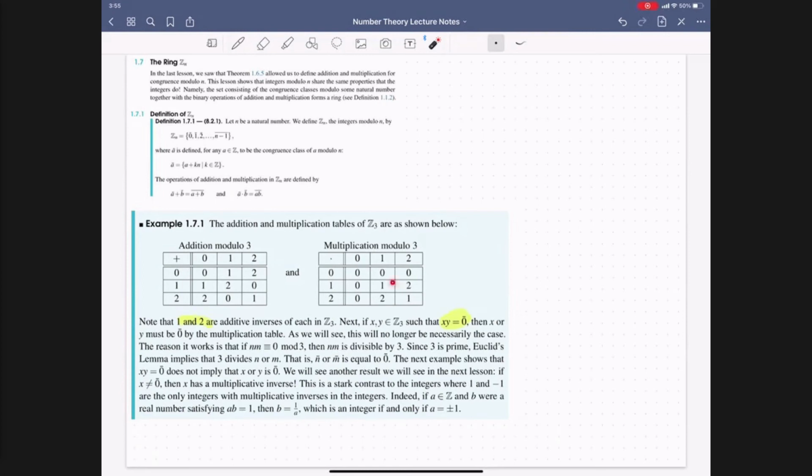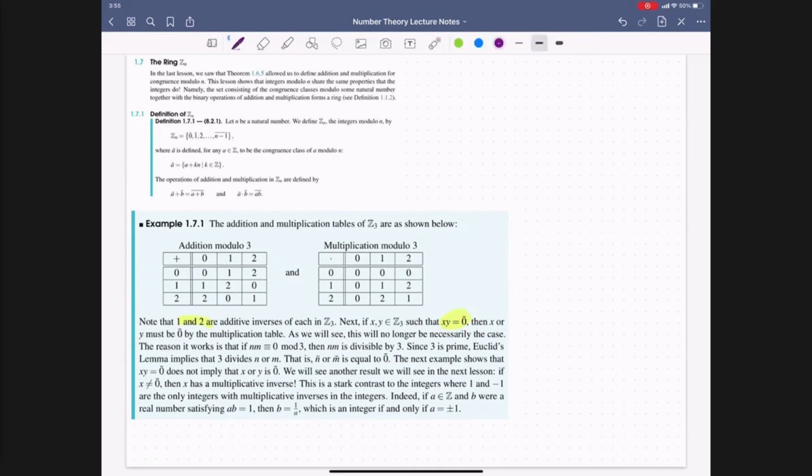So whenever we multiply numbers that are not divisible by 3, we're going to get non-zero values back. And so in the case of the integers modulo 3, the zero theorem will hold. We're going to prove that later, but we see that if xy equals 0 bar, then x or y must be 0. And so that raises a question.